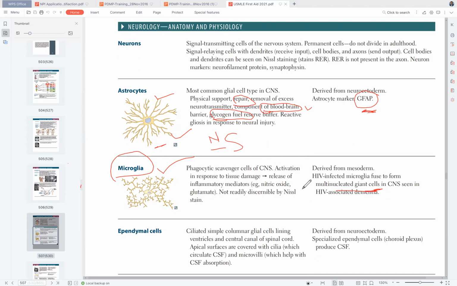And what you want to know here is that in someone who has HIV, the HIV in the brain attacks these microglial cells, because just like in the blood, if someone has HIV, the HIV goes to destroy the macrophages. It's the same in the brain. And then the person can have HIV dementia, right? Someone has HIV and over a long time they start having dementia.